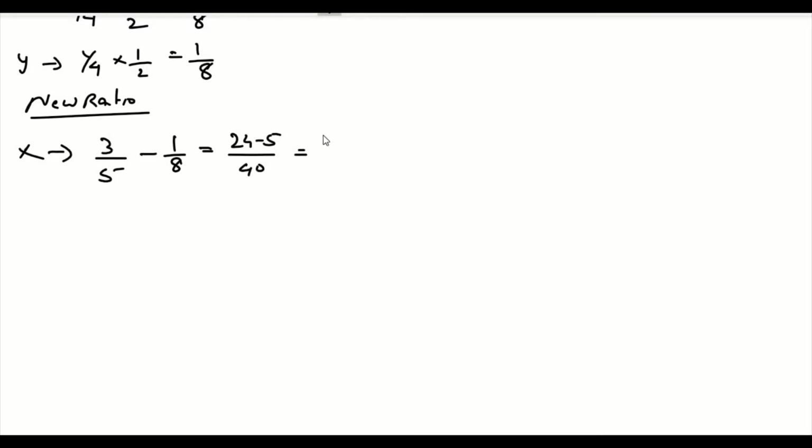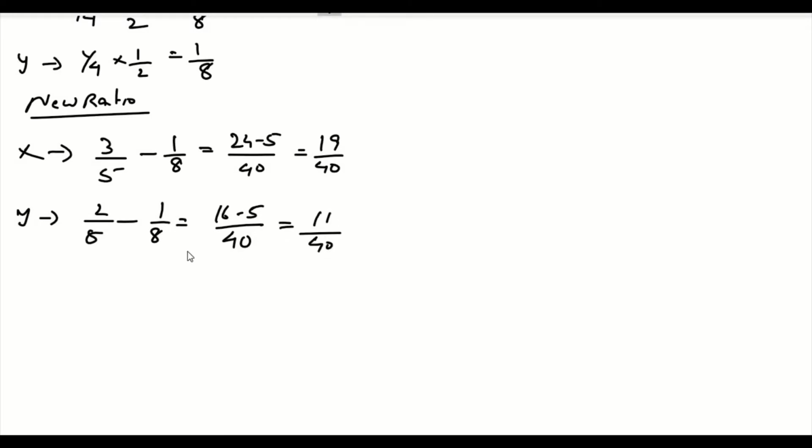That is equal to 19/40. Then we have Y, his original share is 2/5 minus 1/8. That is equal to 16 minus 5/40. That is equal to 11/40.